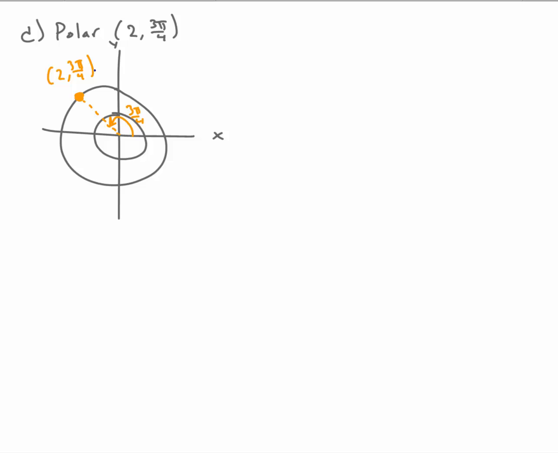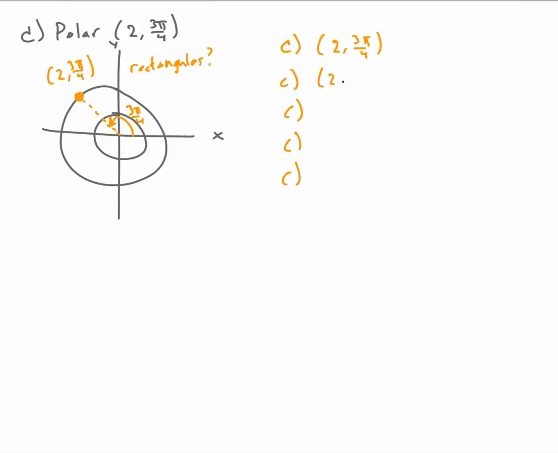And just like we've done before, we want to go ahead and write this several different ways. One thing I notice here is the rectangular is difficult as well. I'm not sure what this would look like as a rectangular. Definitely a negative x and a positive y, but beyond that it's not really obvious. Okay, so let's go ahead and write out several values here. For C, I have the 2 and the 3 pi over 4. Let's write that several different ways.